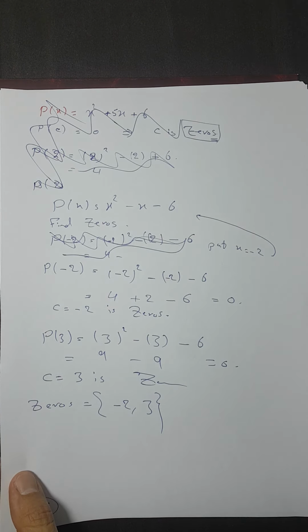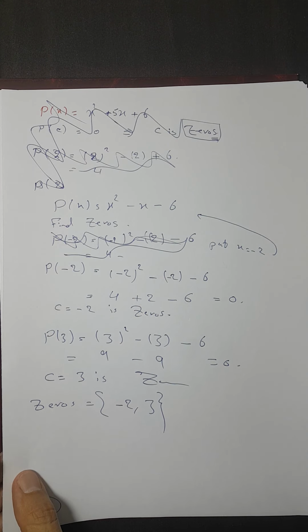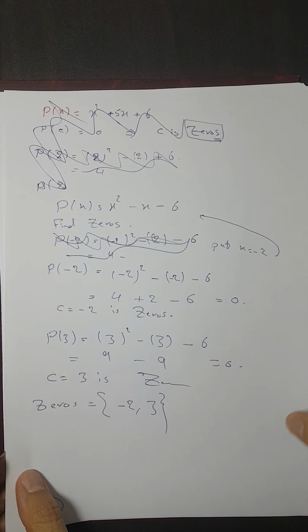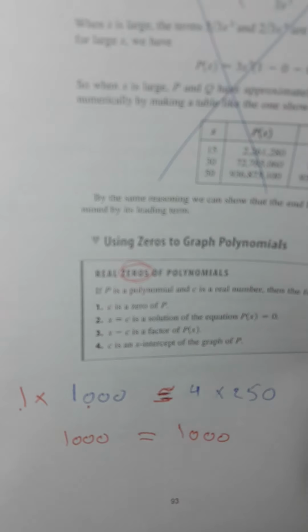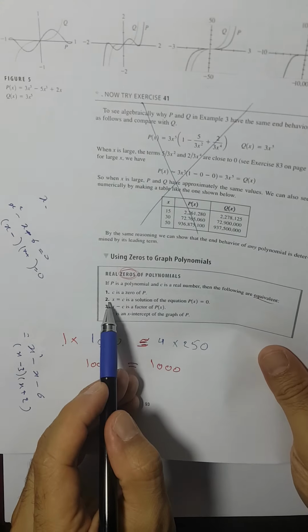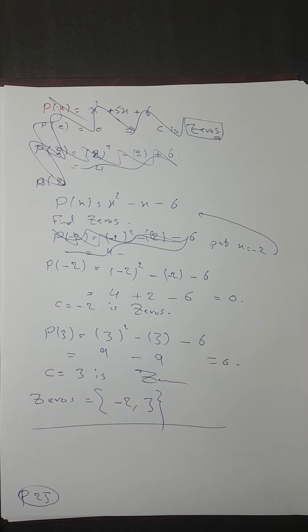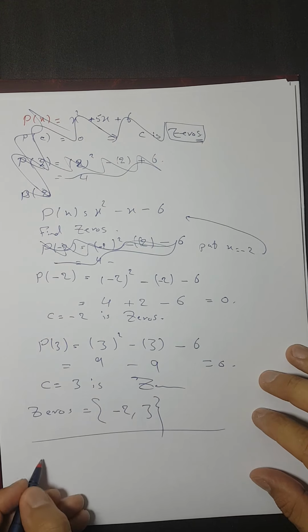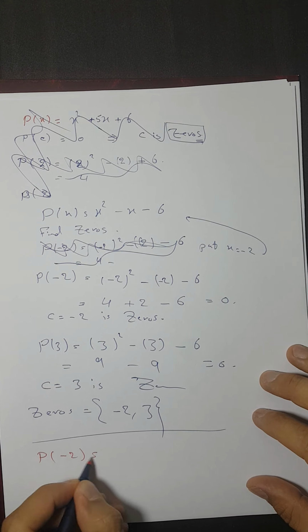Now I'm going to the second definition, the definition of a solution. When I say solution, I mean that if I put x is equal to minus 2, I get 0.